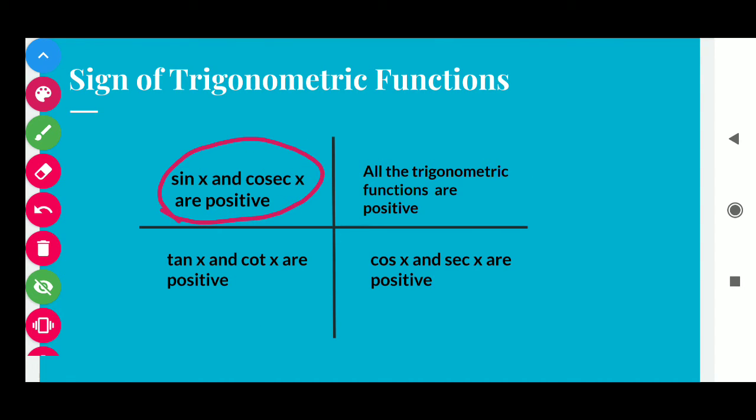So students, in the second quadrant, tan, cot, cos and secant are all negative. Similarly, here is the third quadrant, after school to college. So T stands for tan x, and the reciprocal of tan x is cot x. These two trigonometric functions are positive and the rest of the four trigonometric functions are negative.